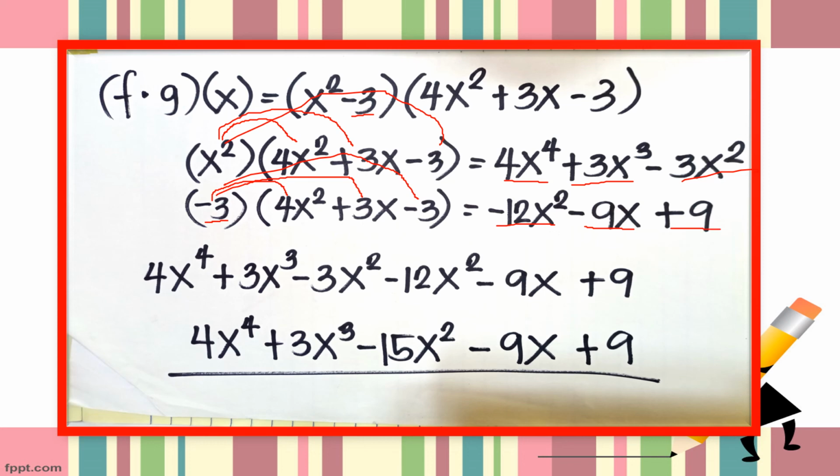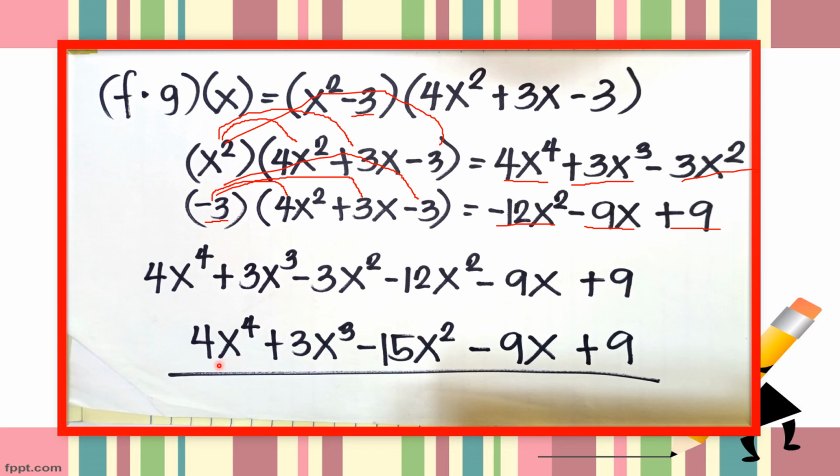And then you combine the answers in here sa first and second. So, that's why we have here 4x raised to 4 plus 3x cubed minus 3x squared. So, galing siya dito. Then, i-connect mo lang yung answer sa pangalawa. Negative 12x squared minus 9x plus 9.